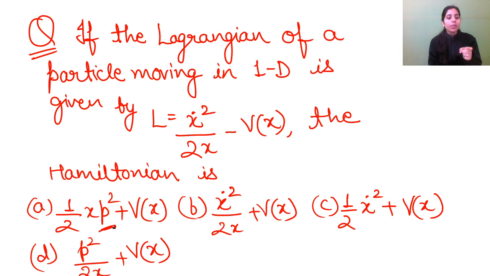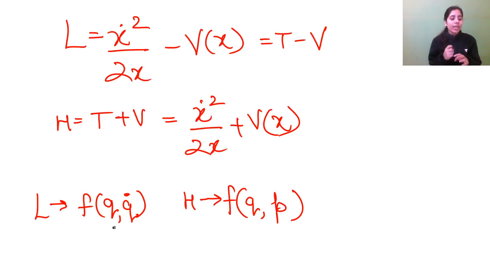Clear? So if there will be no such kind of option, then you may get that, but this kind of questions you will not get in the exam. Clear? So every time when they are asking about the Hamiltonian, they will give you the function of momentum and coordinate.